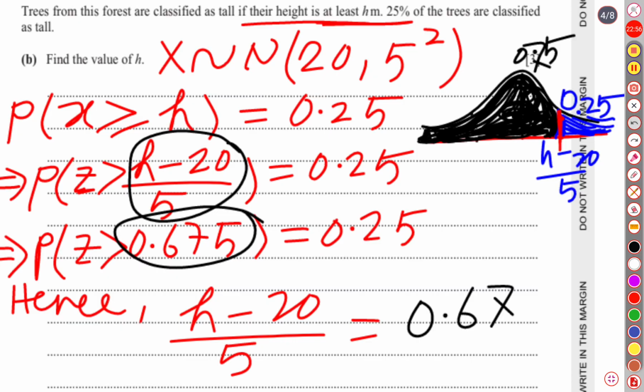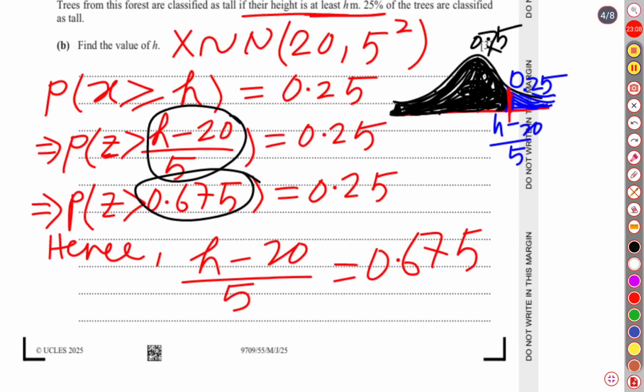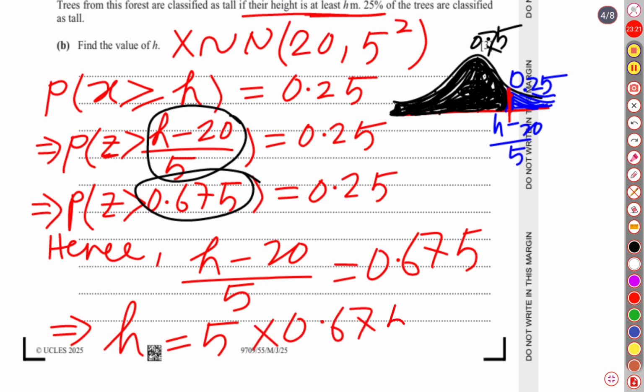I will have to change the ink. 0.675. After that, what we will do is, h minus 20 over 5 equals 0.675. If we multiply, it is going to be 5 into 0.675, and if we transpose 20 to the other side, it is going to be plus 20.